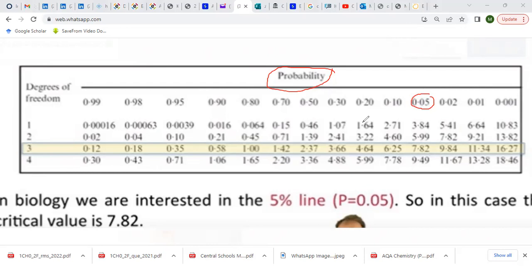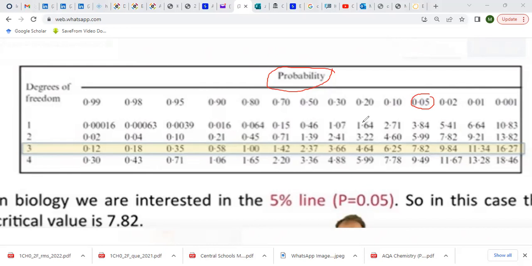But if the value of probability exceeds 5%, 5.6, 5.7, 7, 8 or 9% difference between expected and observed, it means there is a significant difference between expected and observed. So the null hypothesis will be rejected. You have to write this in your own words. So if the difference exceeds 5%, then the null hypothesis is rejected.